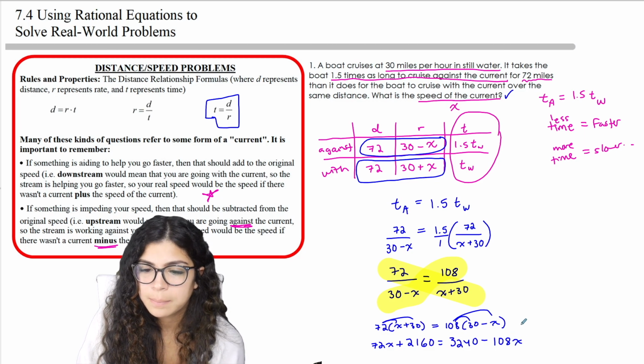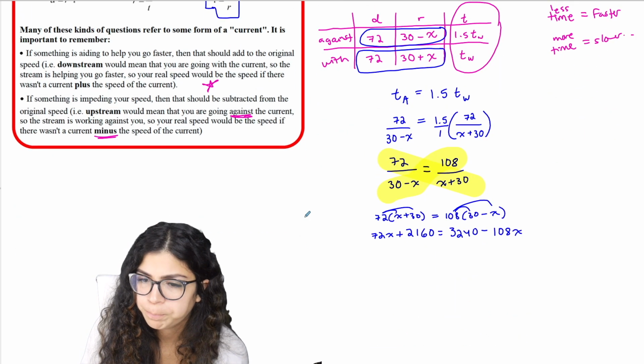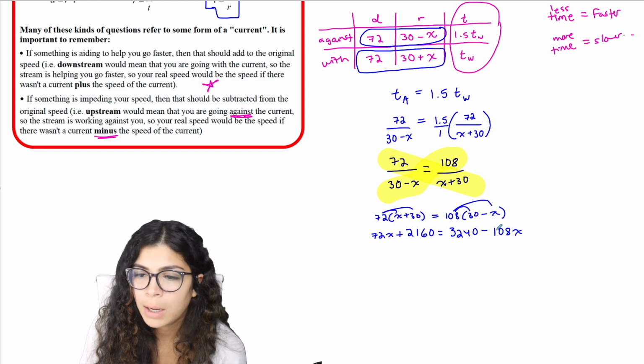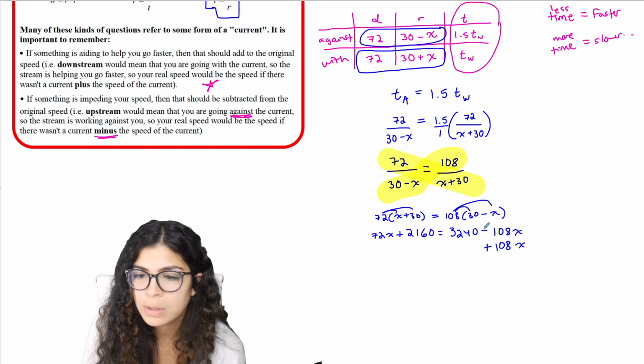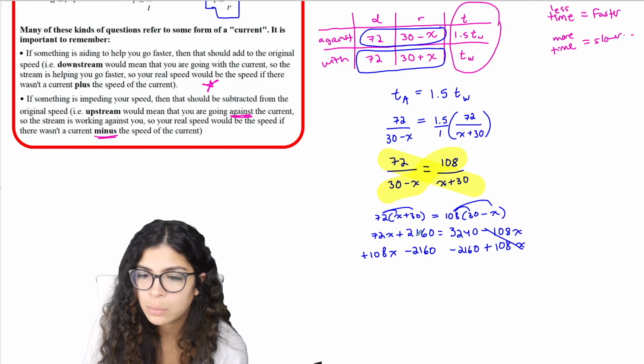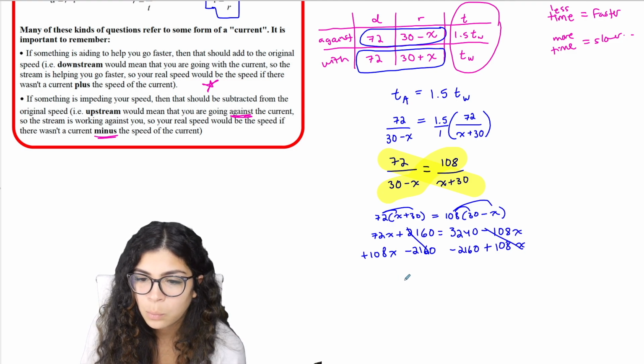All right, awesome. So let's continue from here. Let's go ahead and add 108x to bring the x's to the left. And then I'm going to subtract 2160 to bring all of the numbers to the right. So 72 plus 108 would be 180x.